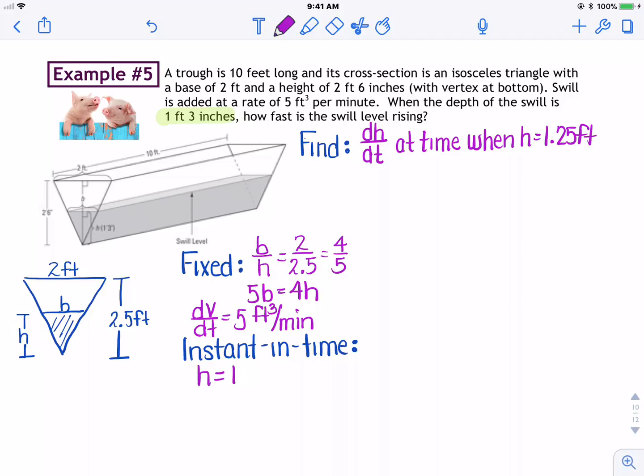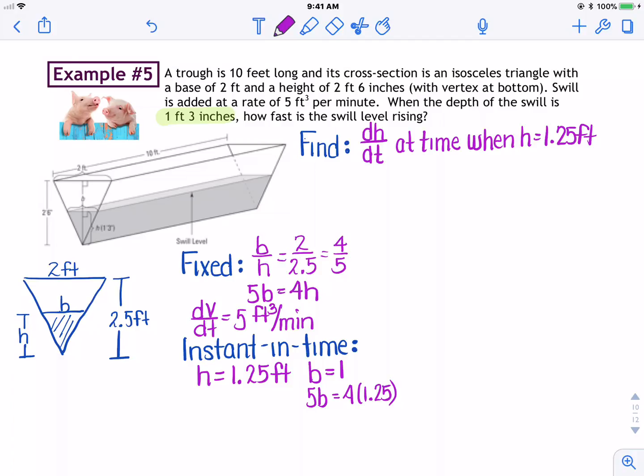They want to know when the height is exactly 1.25 feet. When that's true, if I solve, I can get the base length, going back to the fact that 5 times the base is 4 times the height. So 5b is 4 times 1.25, it ends up that at that exact time the base will be 1 foot.